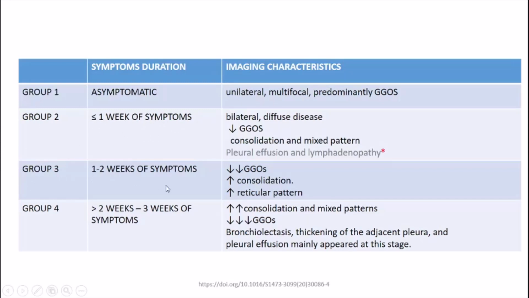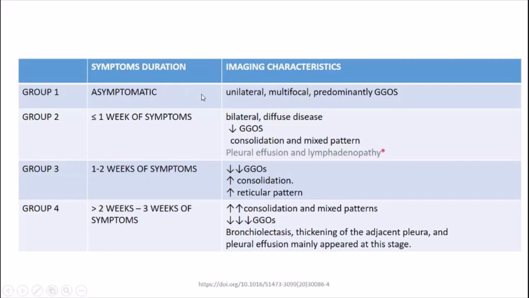Group 3 were the patients who had 1 to 2 weeks of symptoms. Group 4 had more than 2 weeks to 3 weeks of symptoms. And these are the imaging findings according to each group. So the groups are according to each stage: asymptomatic, less than 1 week, 1 to 2 weeks, and more than 2 weeks, so according to the start of symptoms.